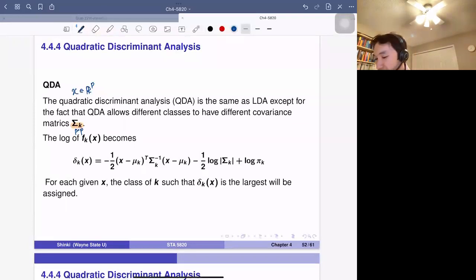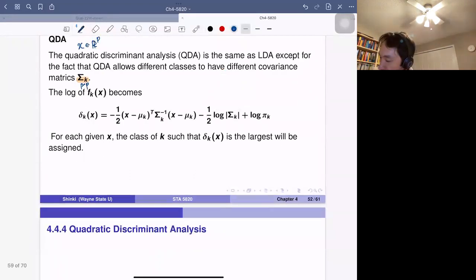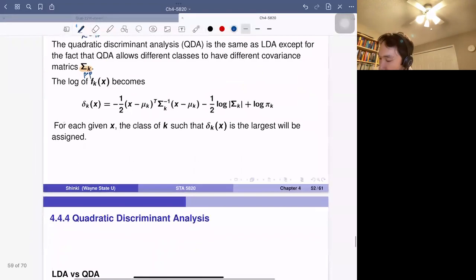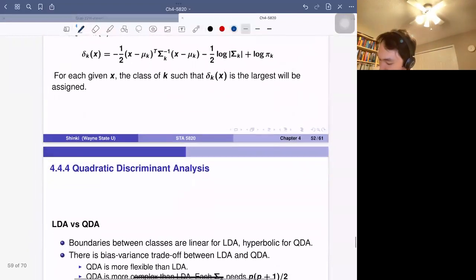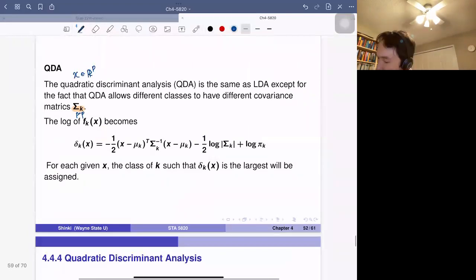That is the quadratic discriminant analysis condition. We haven't discussed how to estimate sigma k, but sigma k can be calculated as the covariance matrix of observations in group k.